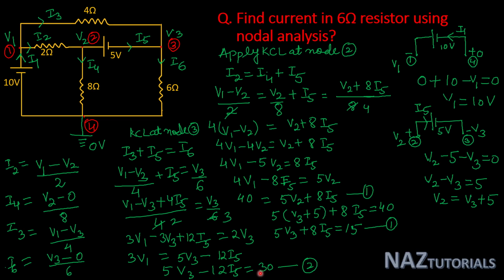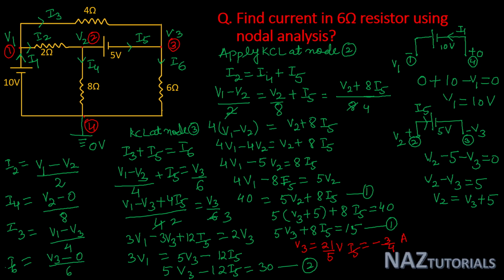So here we will get V3 and I5. If you solve these equations, then you will get V3 is equal to 21 by 5 volt and I5 is equal to minus 3 by 4 amp.